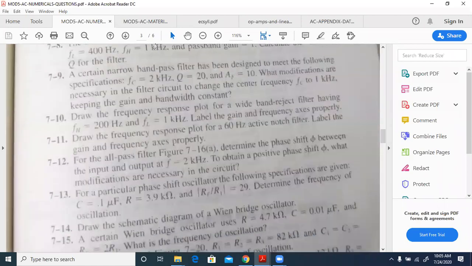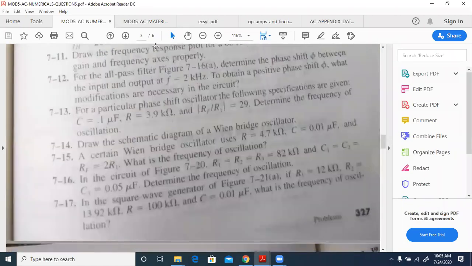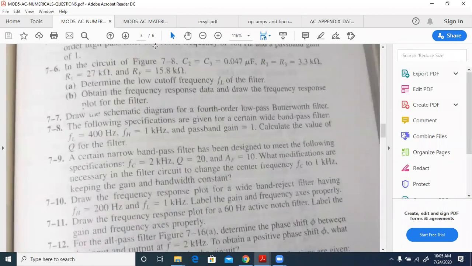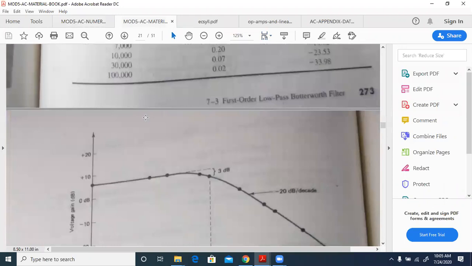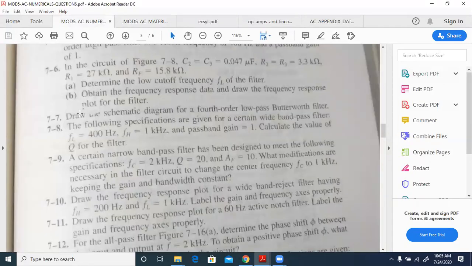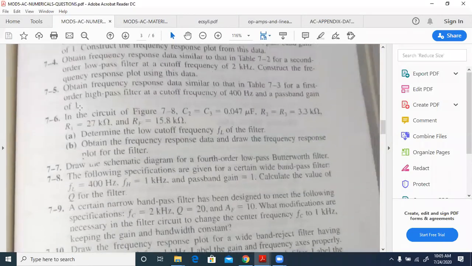If you want to be very accurate, you can use a logarithmic graph sheet, draw it and upload, or otherwise if you draw a logarithmic plot as it is shown over here, that is sufficient. You can mark equal divisions from 10 to 100, 100 to 1k, 1k to 10k, and 10k to 100k. That is the way we can do the design.